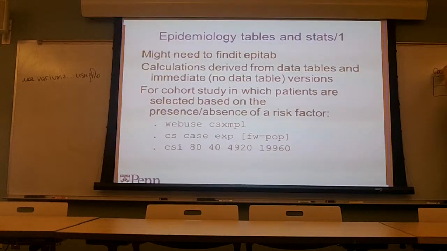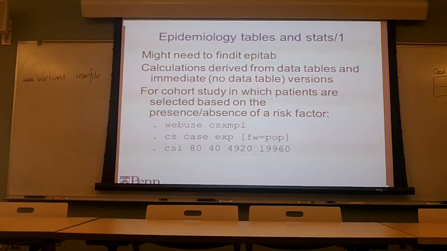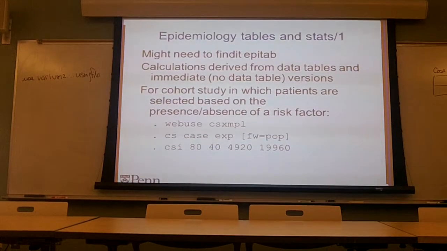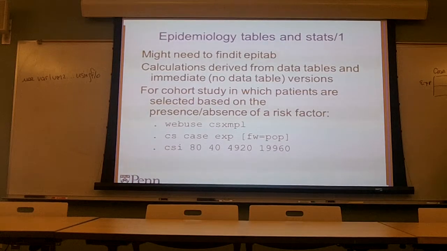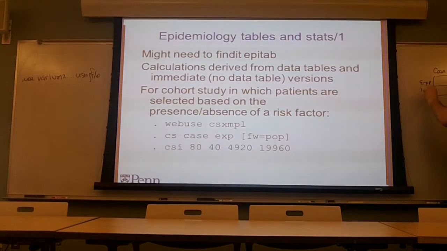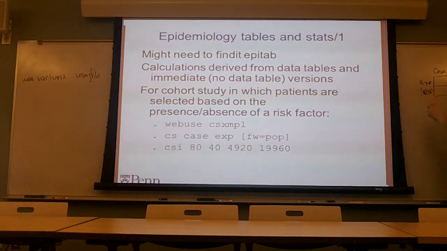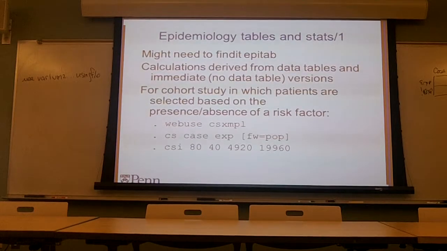A case is somebody who came down with the condition of interest. A control is somebody who did not come down with the condition of interest. And then we're going to look at exposure to something and non-exposure to the particular risk factor. Make sense?